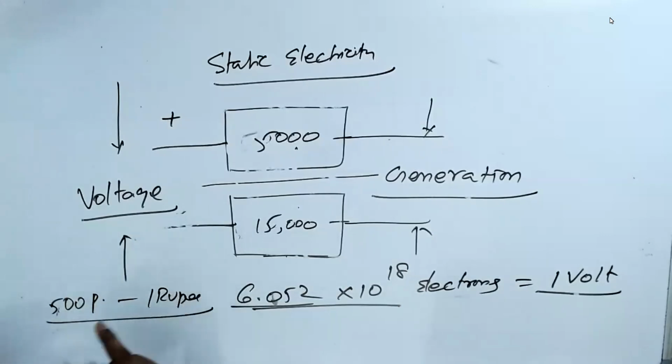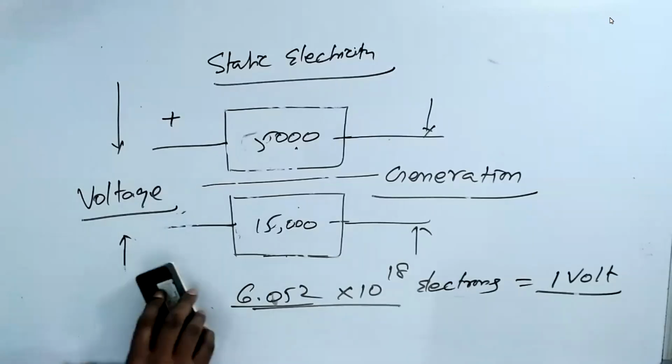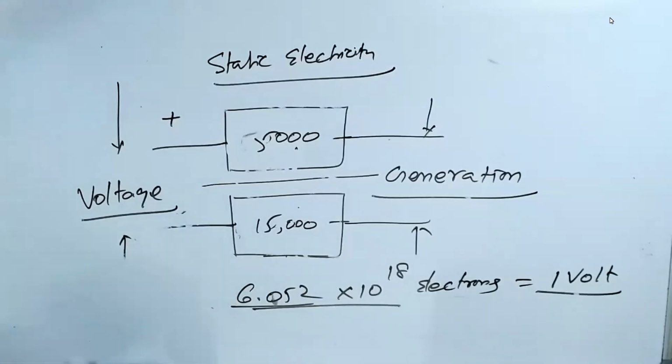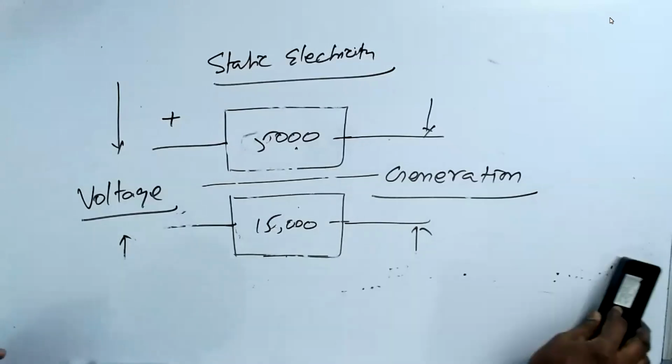If you go back to the history, when the rupee and paise were invented, they were given a name. The same thing here. This number of electrons was made 1 volt. So now 1 volt means there is a difference of so many electrons, and that becomes static.